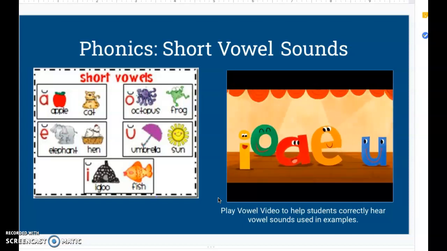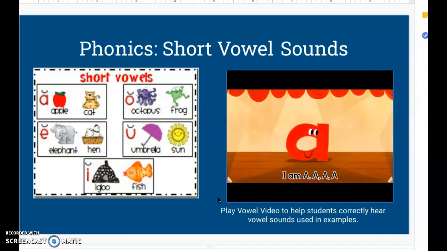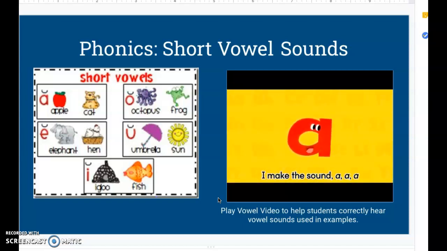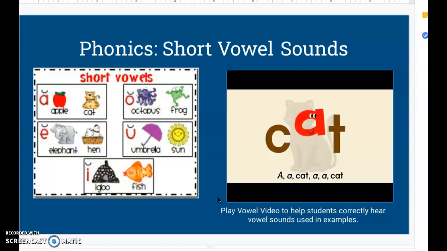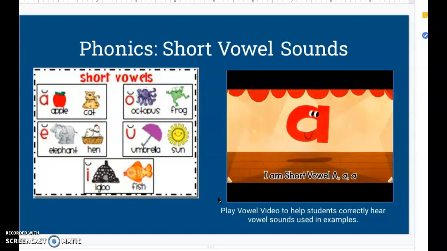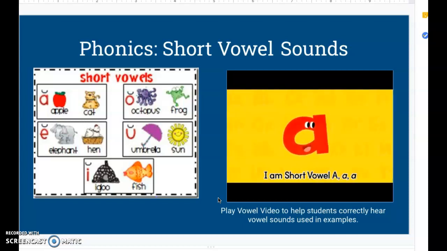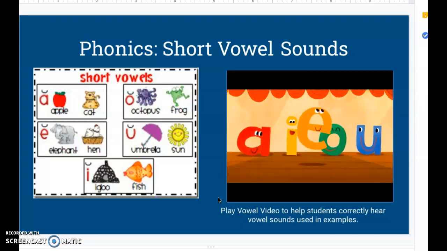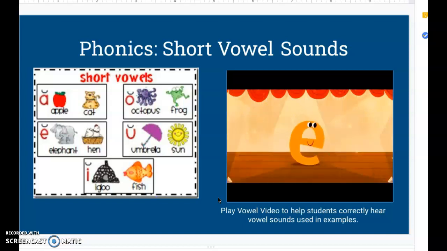You go first. No, you go first. Okay, then let's introduce each other. I am A. I make the sound cat. Cat. I am short vowel A. Okay, it's my turn.